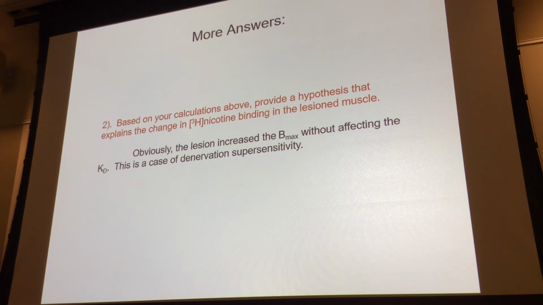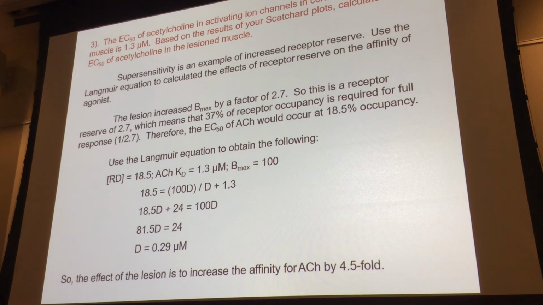The other thing I said in class, which I doubt that many of you picked up on, is supersensitivity is a great example of spare receptors. So the secret to question 3 is that you now have a spare receptor issue, okay? The cells have responded by increasing the number of receptors. So now you can do exactly the same thing we did in class.